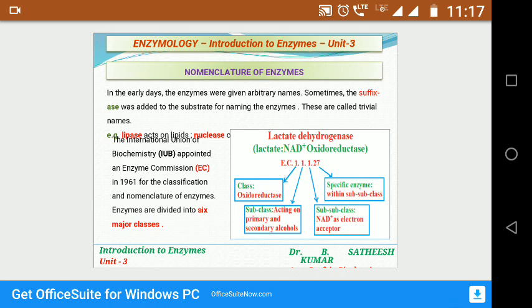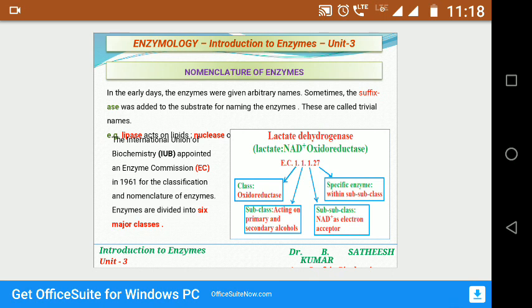So that is why it comes under the oxidoreductases class. And the second number is for the subclass of the main class. And the third number is the sub-subclass. In that, these subclasses are different for different electron acceptors.